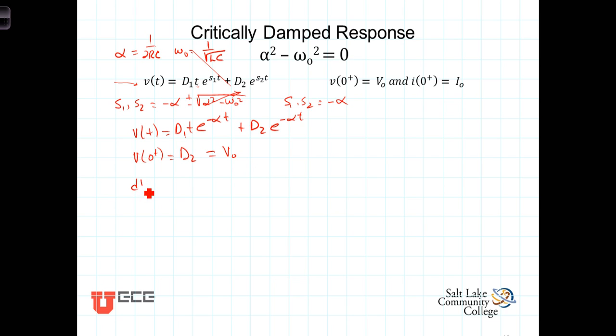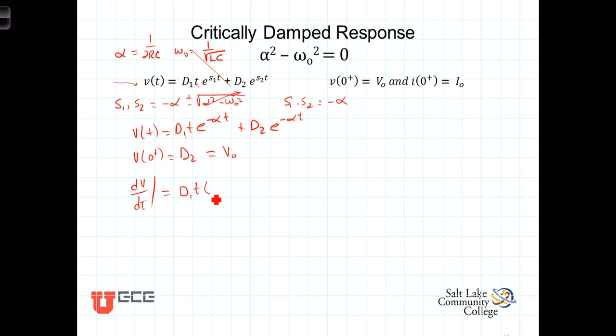Now let's differentiate the voltage with respect to time. When we do that, we get d1 times t times e to the minus alpha t. So two different functions of t multiplied together, we need to use the product rule, which is the first one times the derivative of the second.